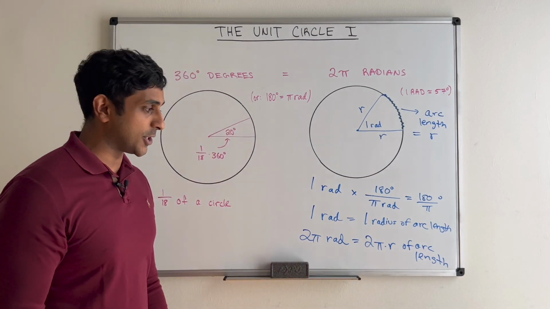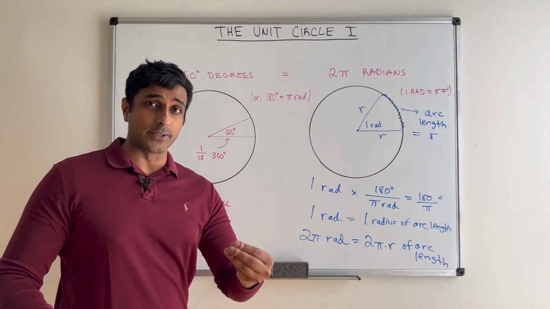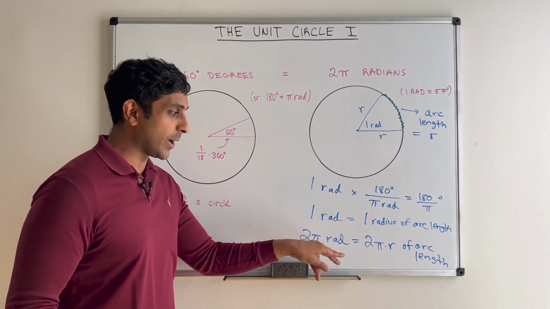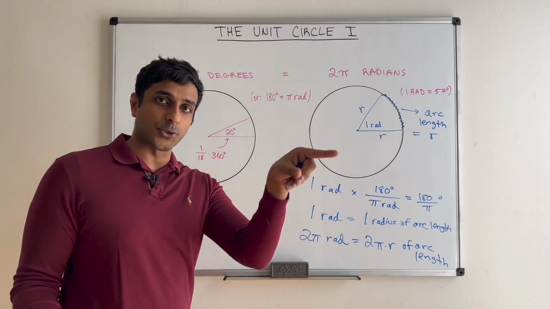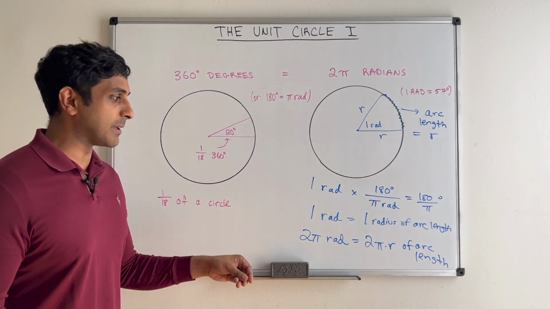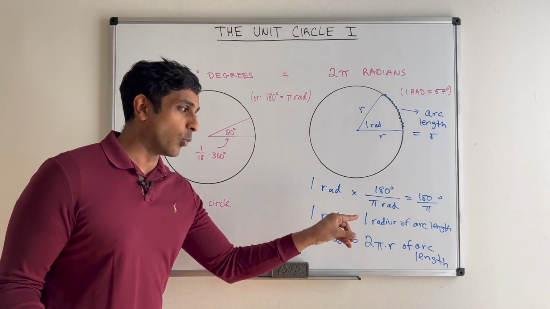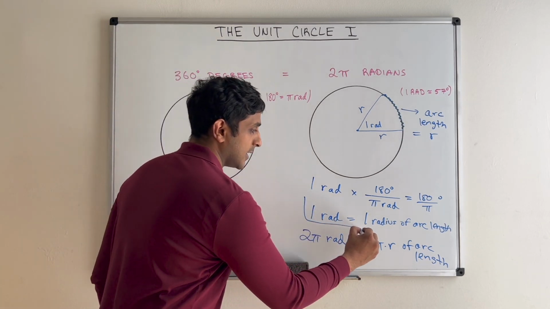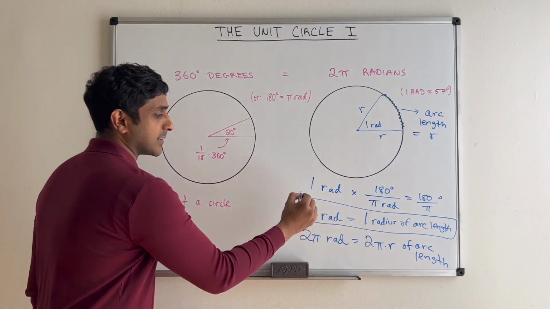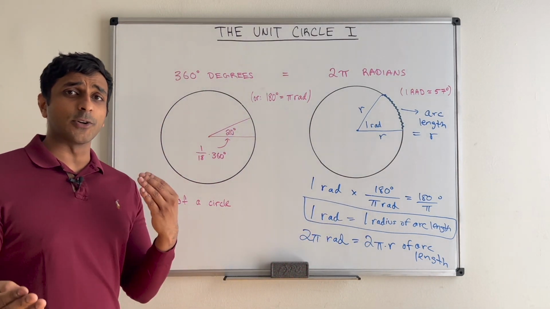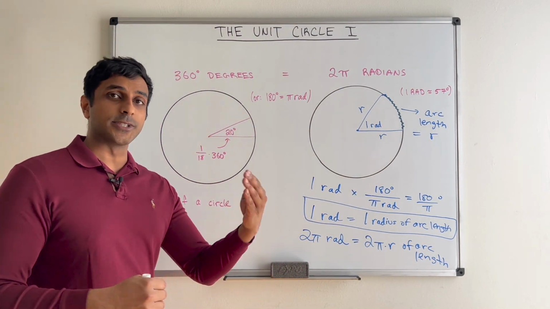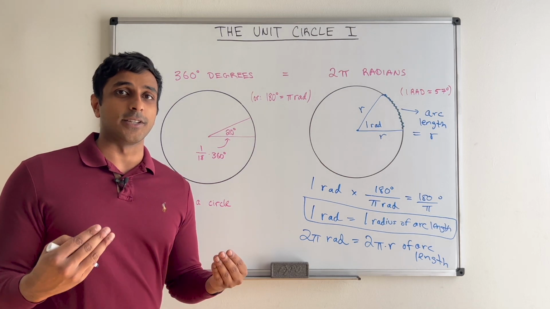And as we know from geometry, 2 pi r is literally the circumference of a circle. So 2 pi radians corresponds to 1 full circumference of arc length. So it must be the case that 1 radian is indeed 1 radius of arc length. So this is what makes radians interesting. And depending on what we need to do, we're going to choose degrees or radians to make our life easier.